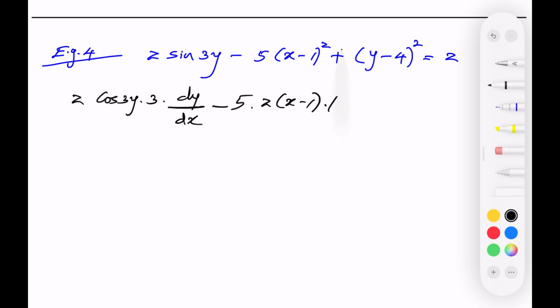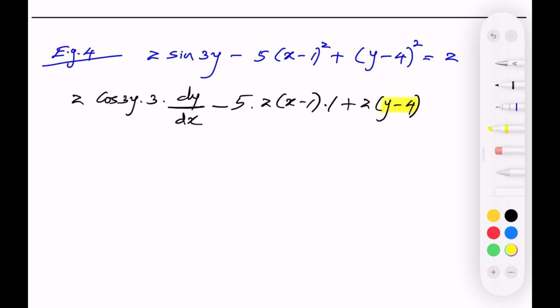And then I have this plus sign right here, plus I need to differentiate y minus 4 everything squared with respect to x. First I will differentiate that term with respect to y, and then times that by dy by dx. When you differentiate it with respect to y, once again using the power rule, it will be 2 times y minus 4 everything raised to the first power times, and then we differentiate the stuff inside the parenthesis.